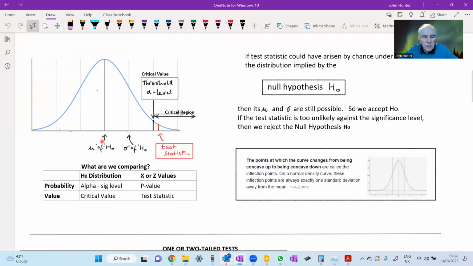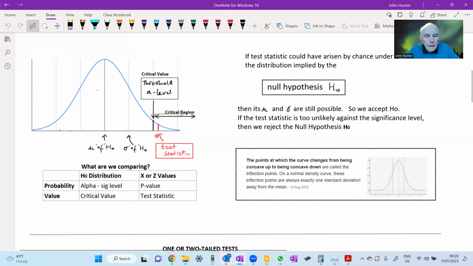If we're thinking about the mean, which is the parameter we most often think about, although it's not necessarily what we're thinking about, then this is the mean under the null hypothesis. In other words, our baseline assumption is that the mean is this, and by definition, therefore, it is the center of this distribution.